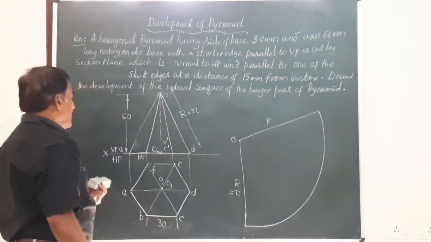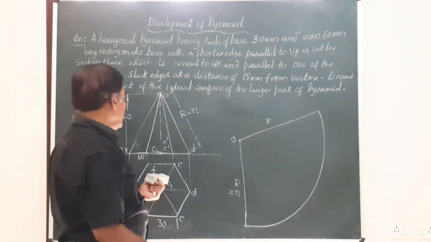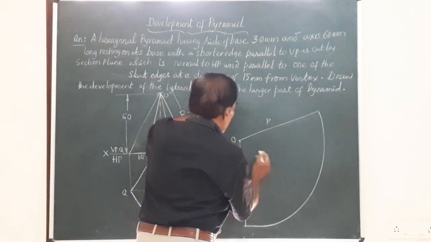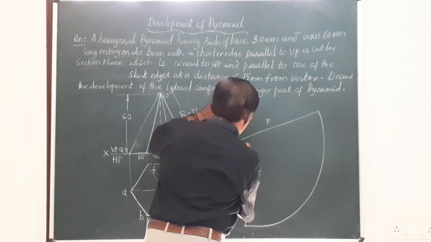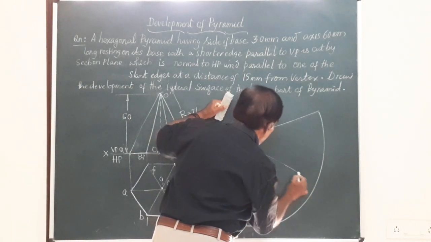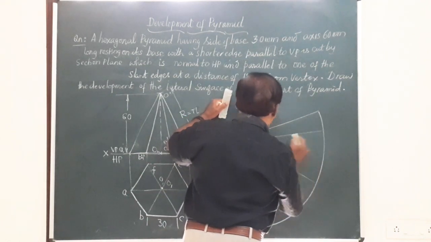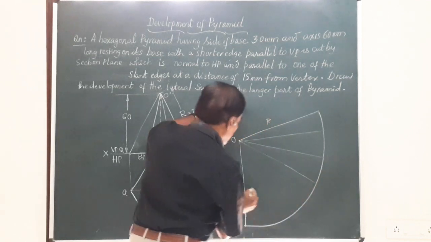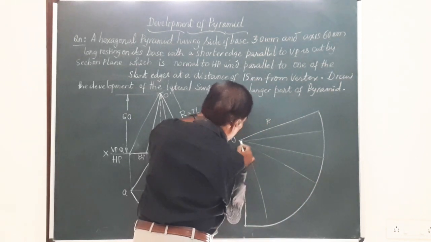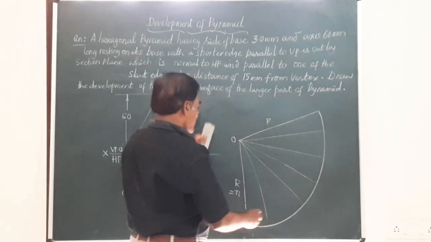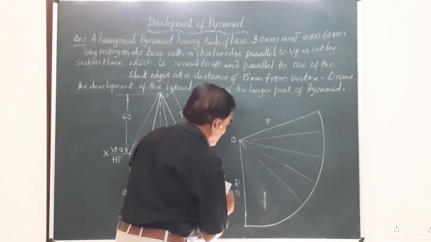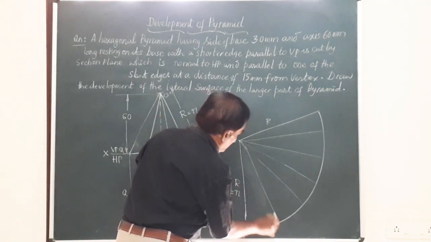Now friends, after obtaining the top and front views and getting the sector wherein you are going to mark all the 6 lateral surfaces as this. So remember friends, all these are the same. All these will have the same dimensions.